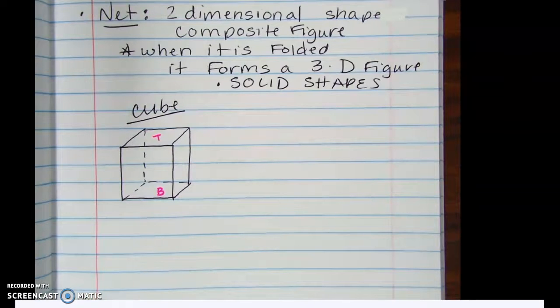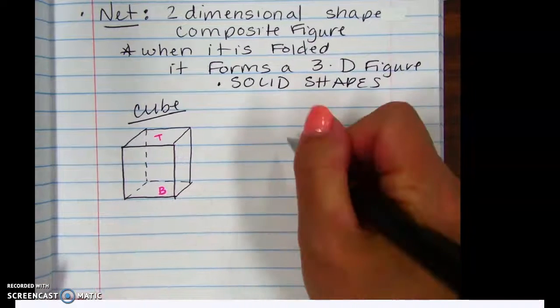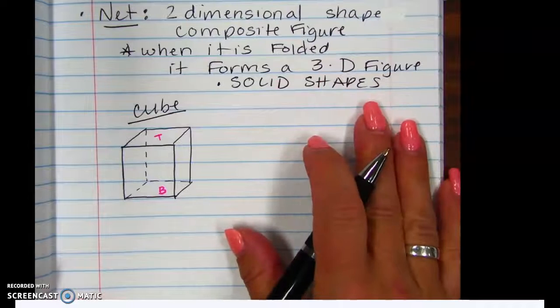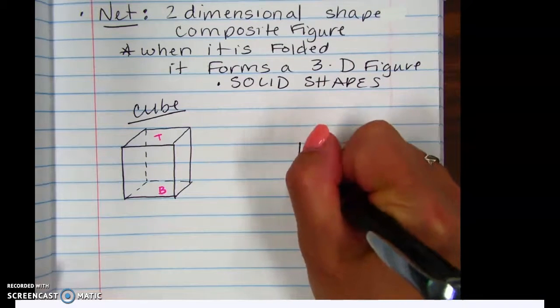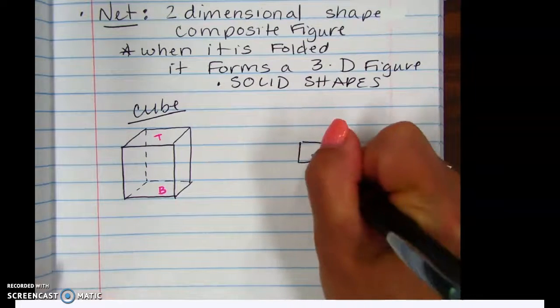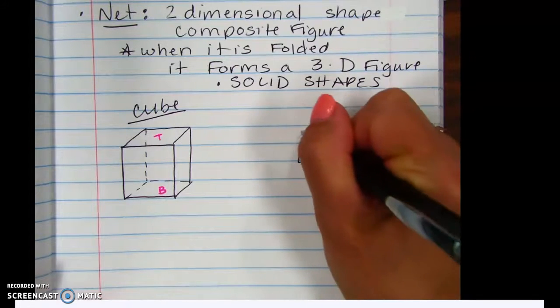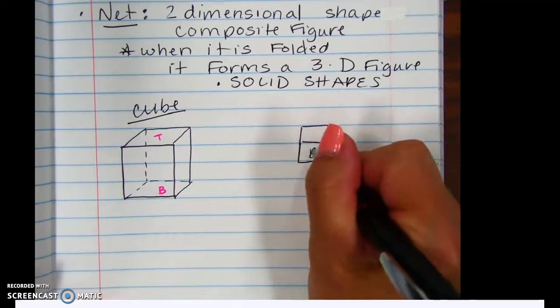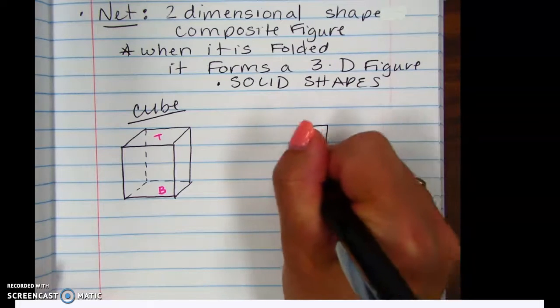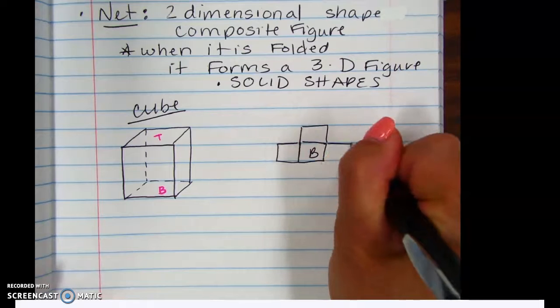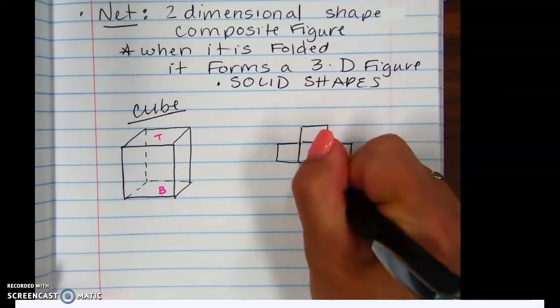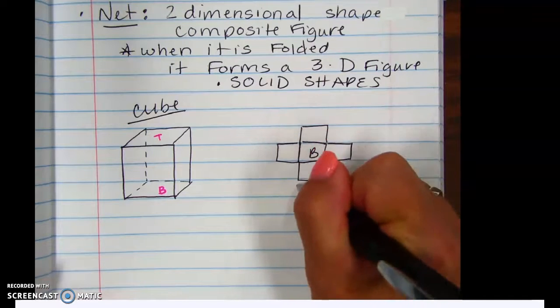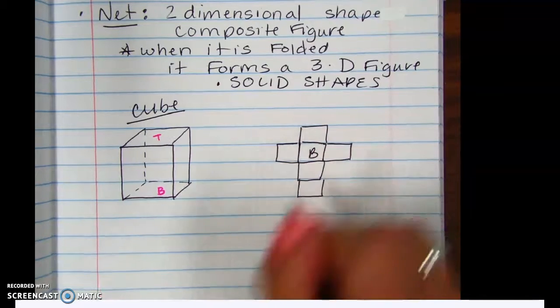So say for instance, we cut open this cube. I'm going to make this, of course, a smaller looking cube. So here's a square, and let's make this the bottom. So I cut it open, and then this would be a side, or actually, let's say that would be the back. Here would be each of the sides. Here would be the front, and then this would be the top.